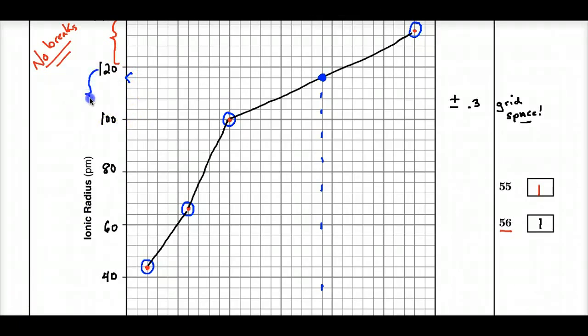Knowing I have 20 points in between, and there's 1, 2, 3, 4, and 5 positions, take the 20, divide by the 5, and you get 4. So this would be 104, 108, 112, and of course 116. So what you would get is 116 based on my graph.